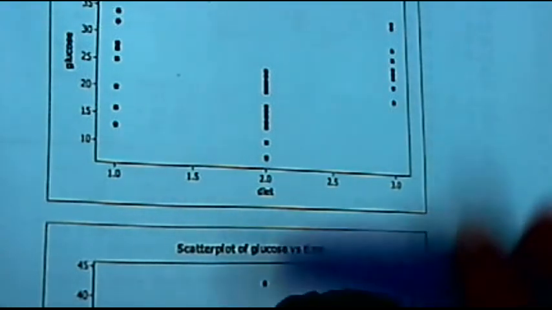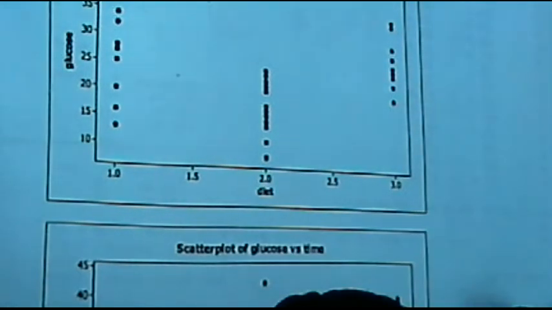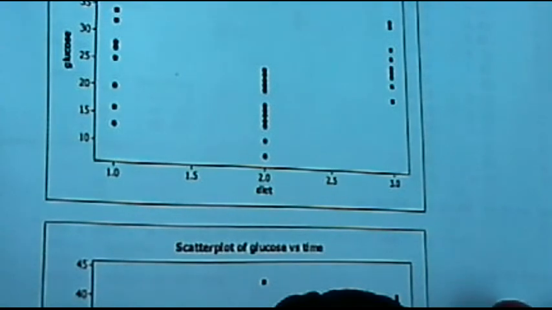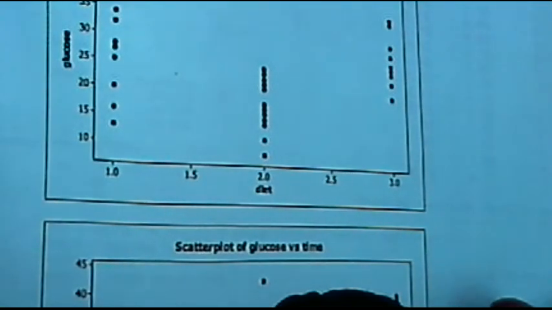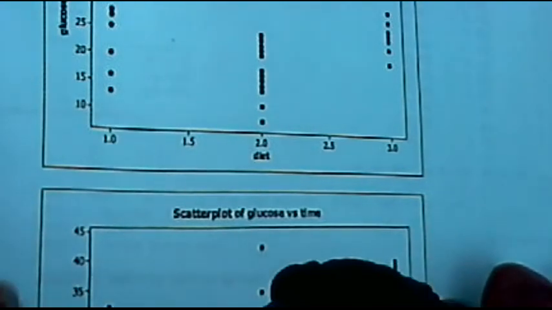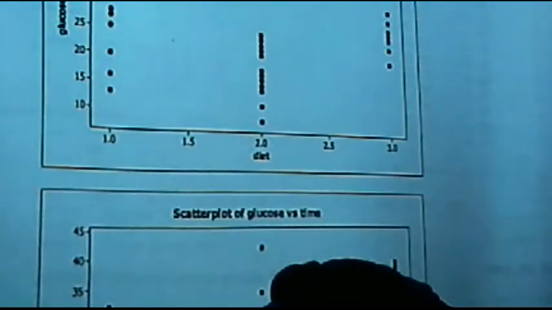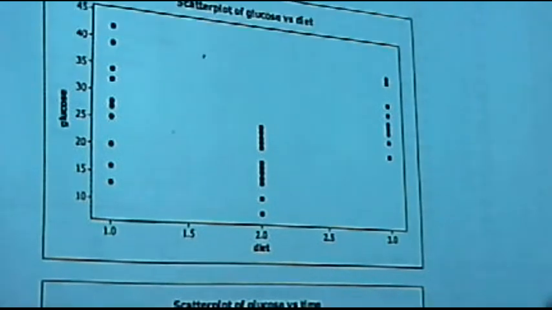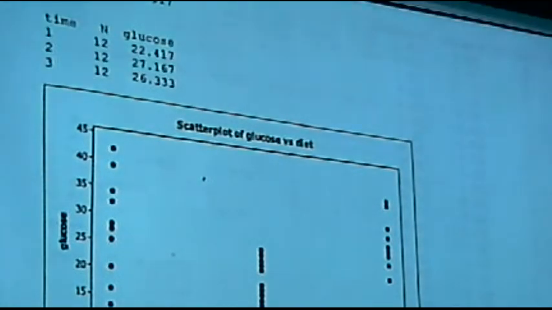Now what I don't have here for the question that you've raised is the interaction plot. And that's the one that I should have here to respect this issue. So they put a little note along the side here, better to get an interaction plot between the factors diet and time.